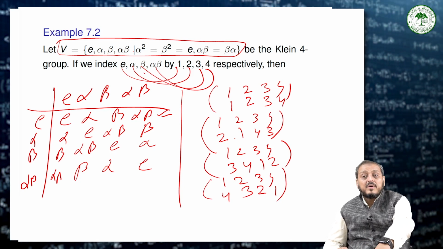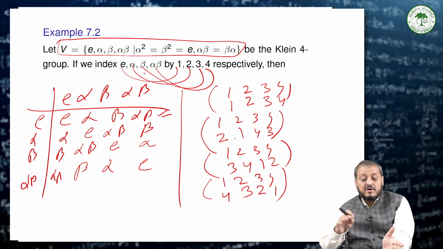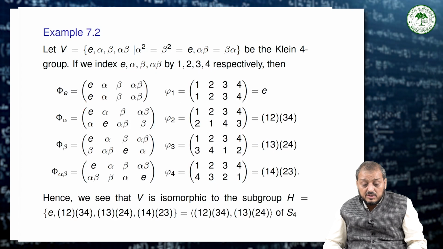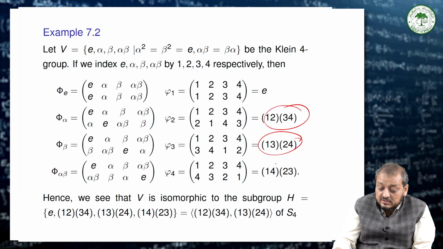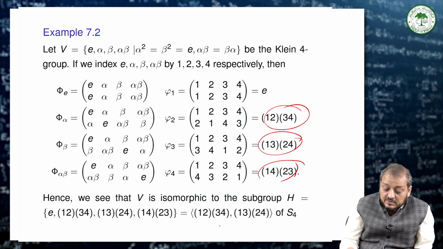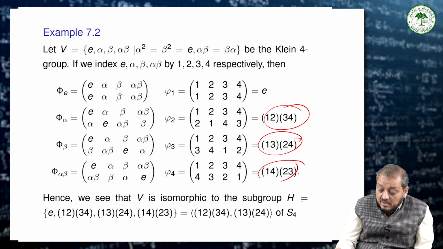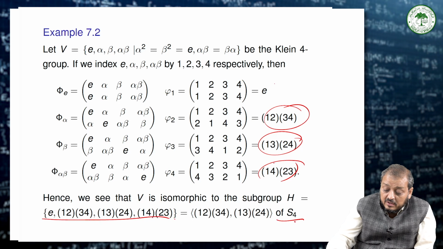These 4 permutations are obtained from this table if we replace E, alpha, beta and alpha beta by 1, 2, 3, 4. So this is the way, and you see this is again the same. We are again getting another subgroup, and that subgroup is again a subgroup of S4.